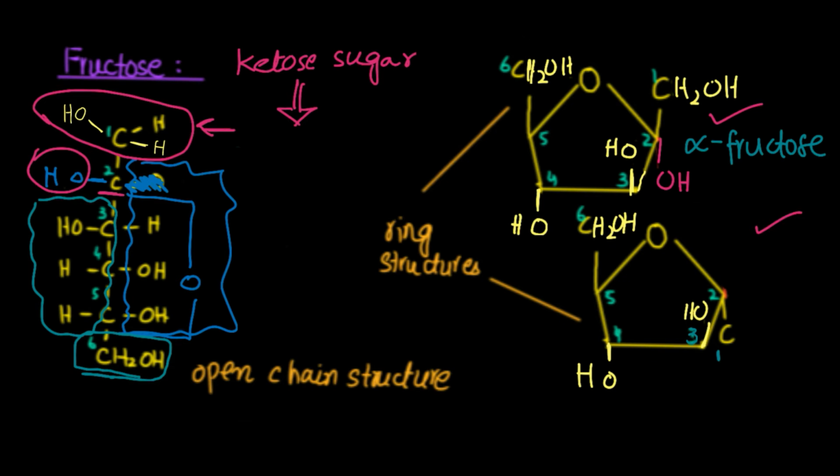And in the second diagram, let's complete this. We have carbon number 1 below, and then we have OH above. Now this will be called, as you may have guessed, beta fructose. These are the ring structures shown by fructose.